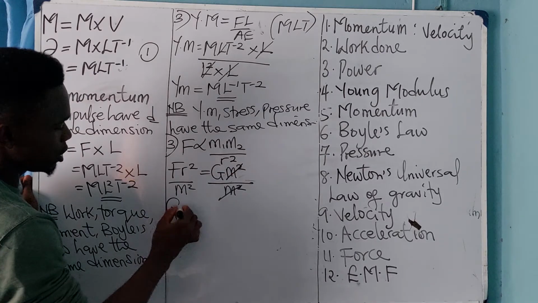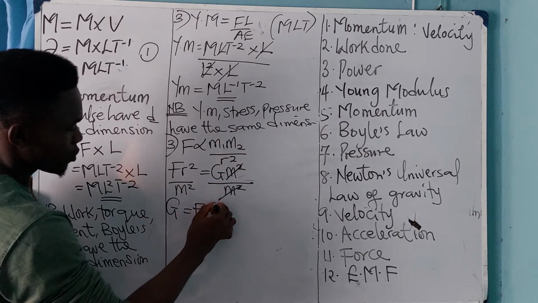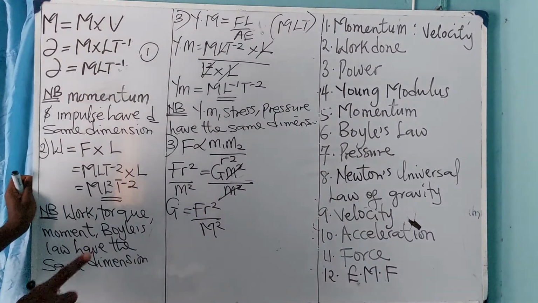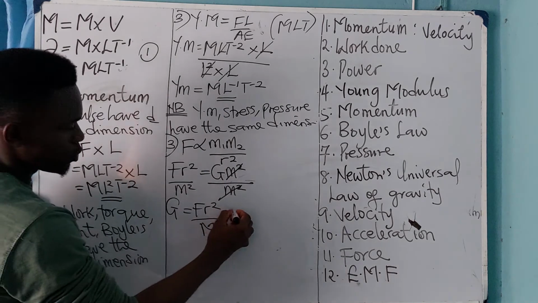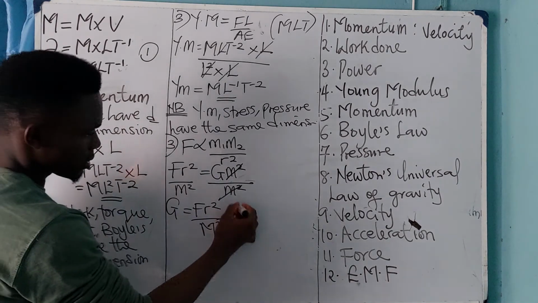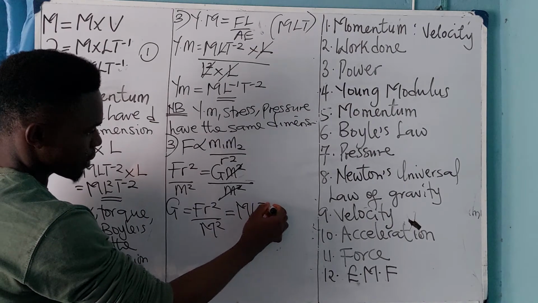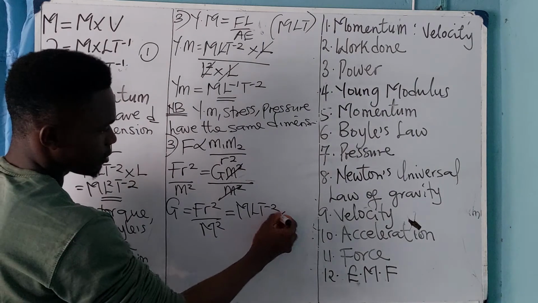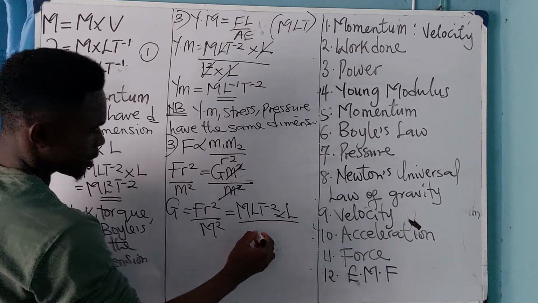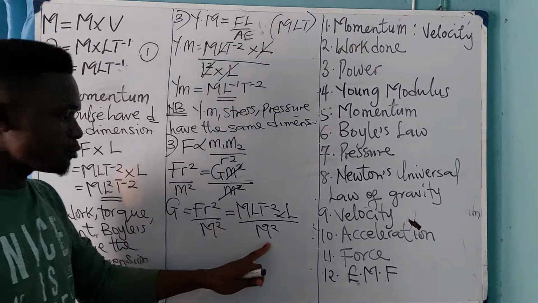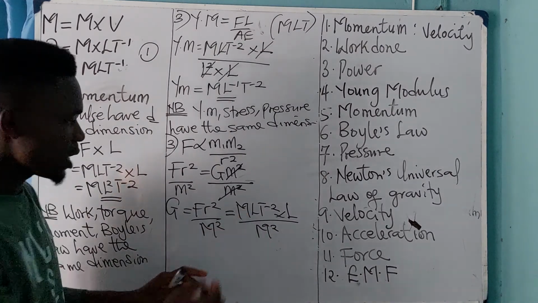So I want to deduce Newton's constant. G equals F r squared over m squared. Hope you are following. Now the next step is to do this. Force is MLT minus 2, the radius, distance, length, don't forget, L, over m squared. Now you have one m here and you have two masses, so one m will cancel out one m.